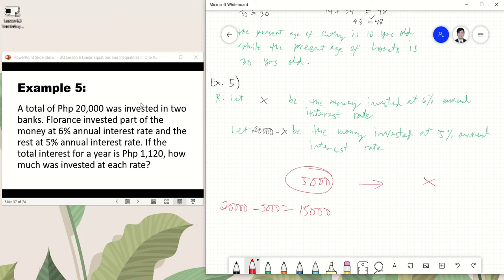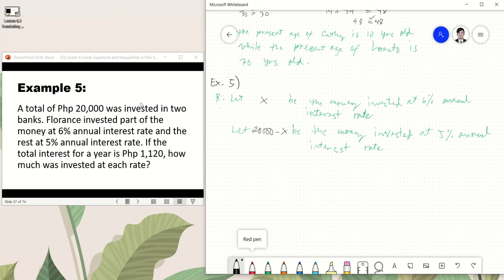Kung hindi natin alam kung magkano yung ininvest niya sa 6% annual interest rate na deal or offer, isa-subtract lang natin siya with the 20,000 para makuha natin yung natira for the amount invested at 5% annual interest rate. Kaya naging 20,000 minus X.